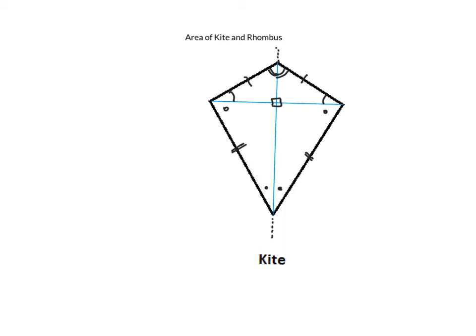Well, if I take this part here and move it to here, and if I take this part here and move it over here, what I have then, that's the wrong spot, what I have then is a rectangle.